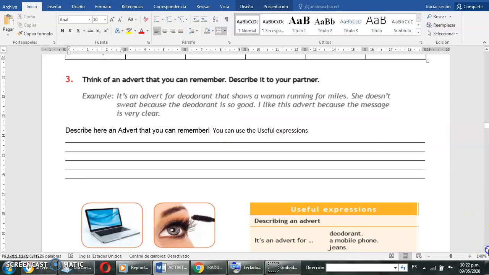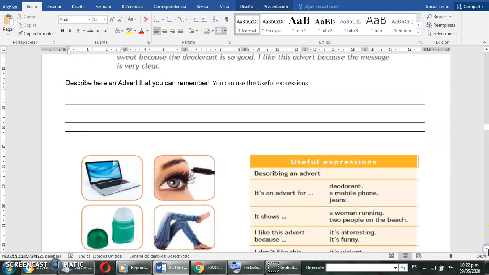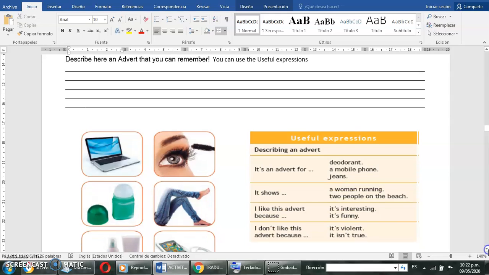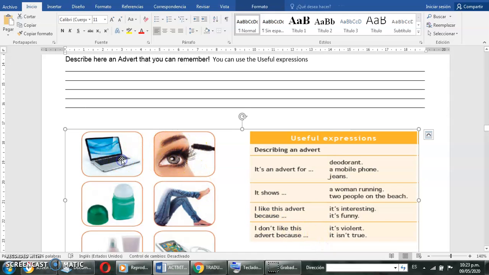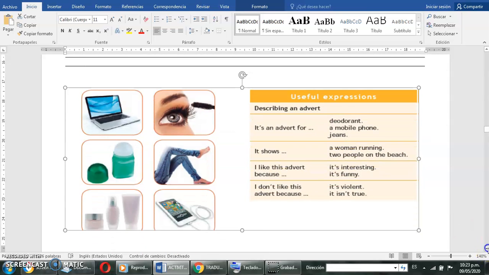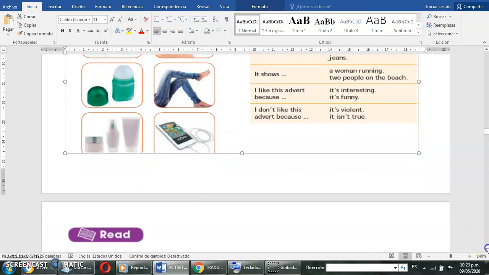So you have to describe an advert that you can remember, and you can use these expressions: it is an advert for, it shows, I like this advert, I don't like this advert because. And I put in this part some pictures. You can choose an advert for this product.